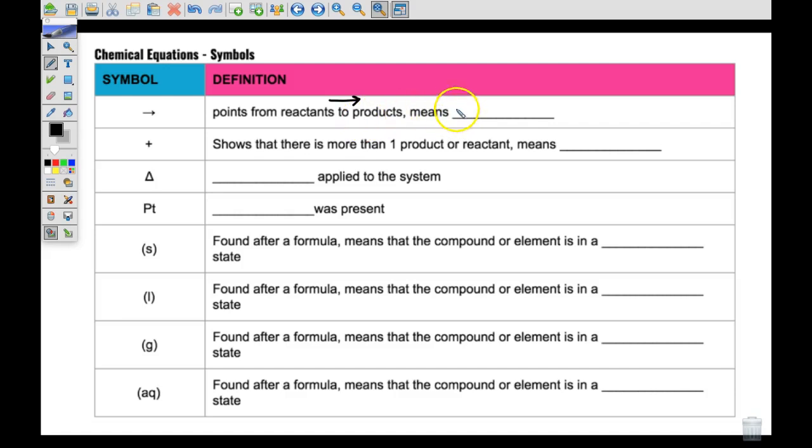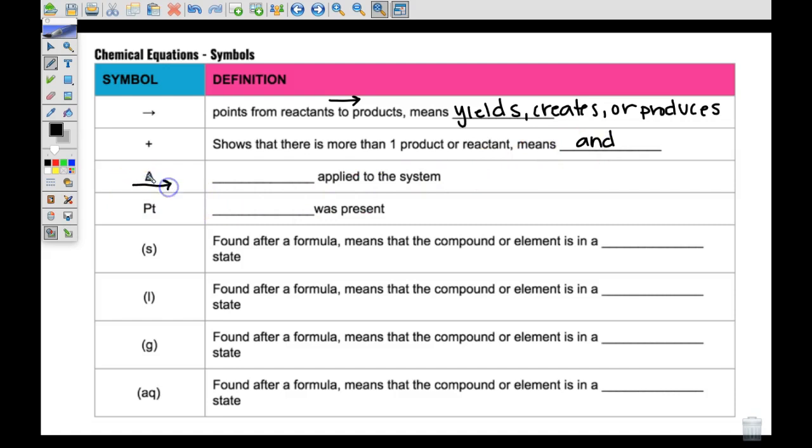And it can mean a lot of different things, but most commonly we'll say yields, creates, or produces. When we see a plus sign, that shows that there's more than one product or reactant, and it means and.